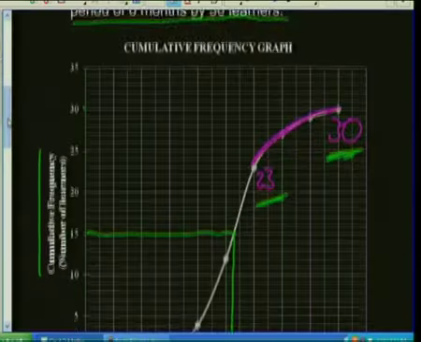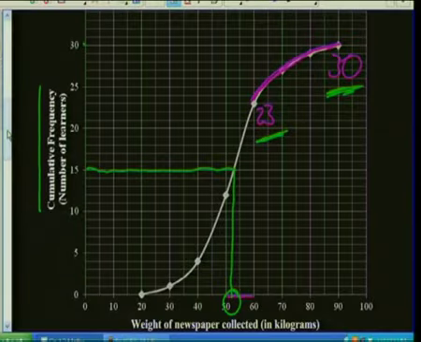Let's do this. If I have my cumulative frequency, halfway through it, which is 15, you get the median. Then halfway from there to the start, you read your lower quartile. So half of 15 is 7.5.